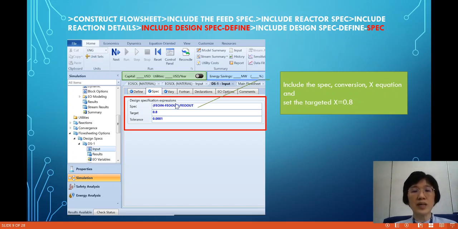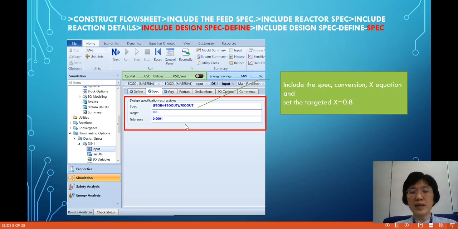So we include the equation accordingly, and we include the target as 0.8, and the tolerance is 0.001. You can increase or reduce the tolerance to give you the accurate result. In this case, 0.0001 is good enough to give you the accurate result.